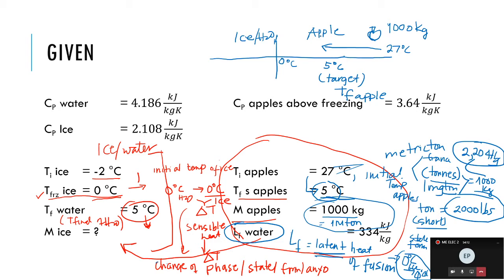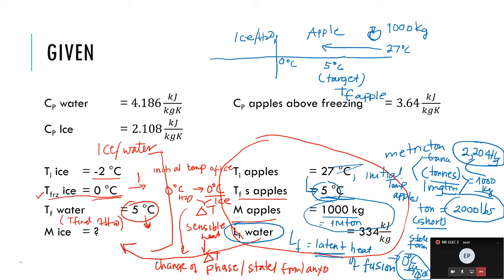Gamitan natin ng ibang kulay para makita. Negative 2. Nasaan ba yung marker natin? Ito. Yan. So we're going to be using another color. What is that? Blue.